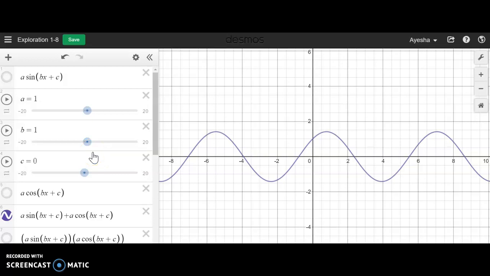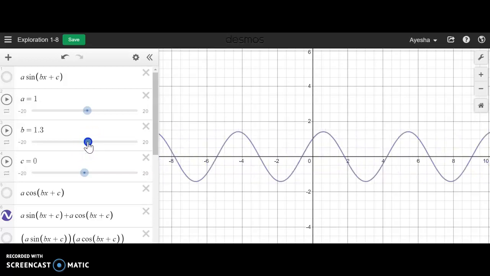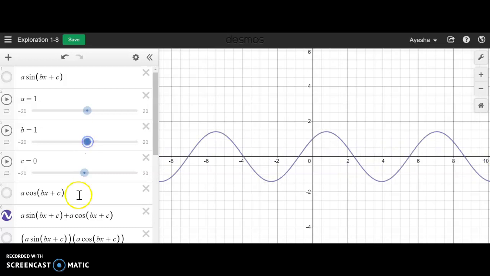And when the absolute value of the number is decreasing, the graph gets more stretched out, so the size of the periods is increasing whenever we have smaller numbers. I'm going to put this back to 1.